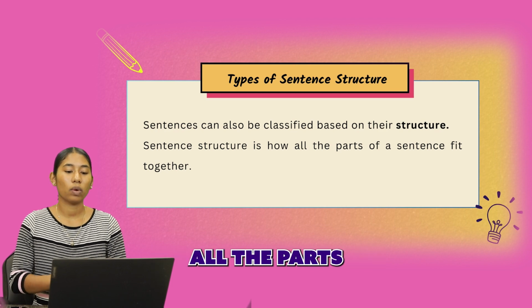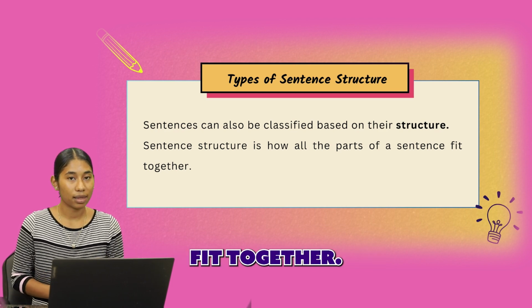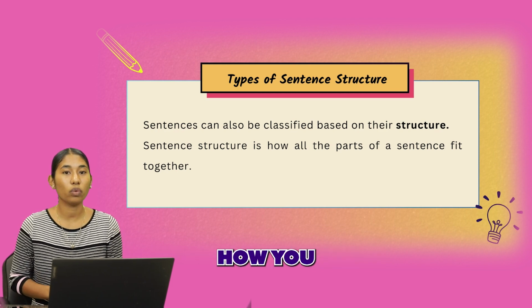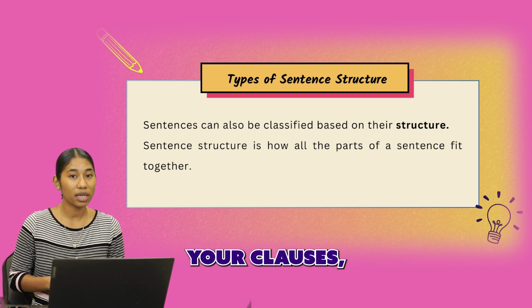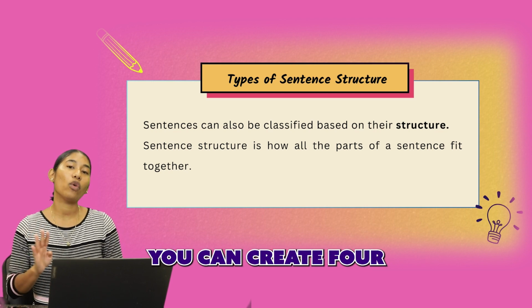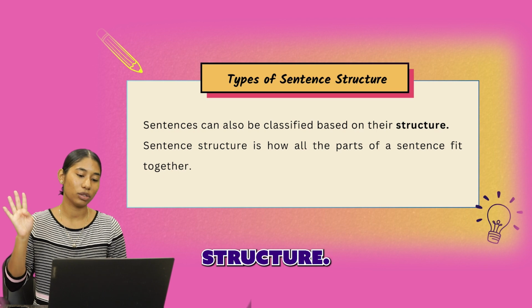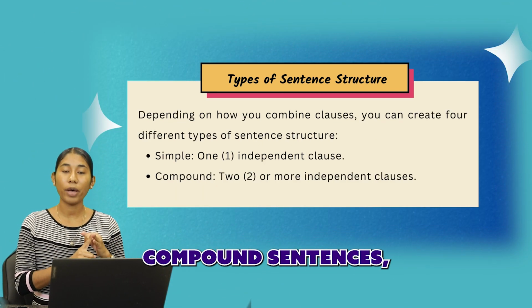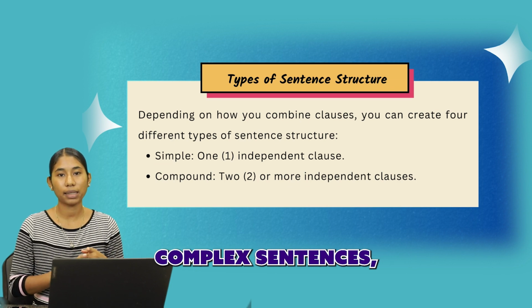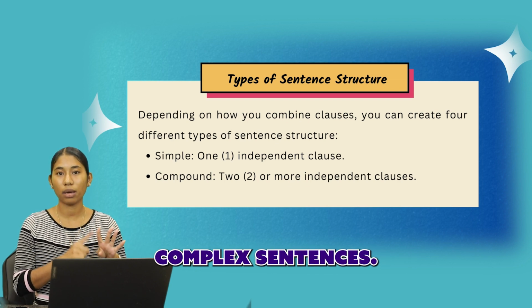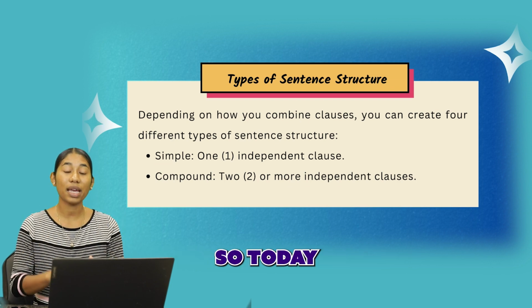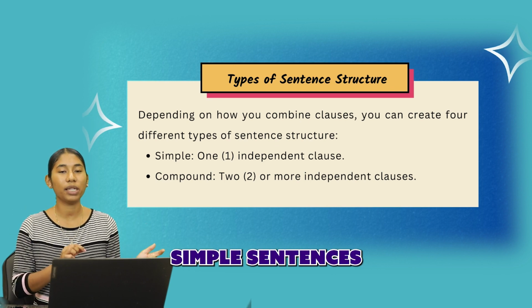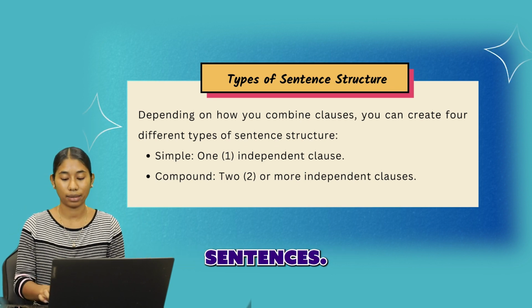Depending on how you combine your clauses, you can create 4 different types of sentence structure. We have simple sentences, compound sentences, complex sentences, and compound complex sentences. Today we are actually going to look at simple sentences and compound sentences.